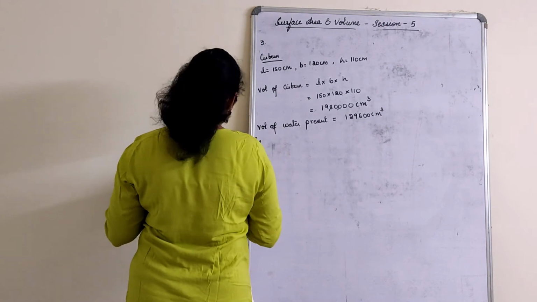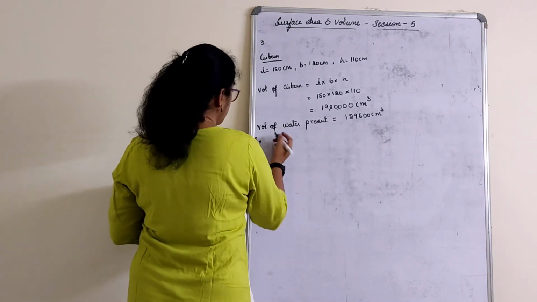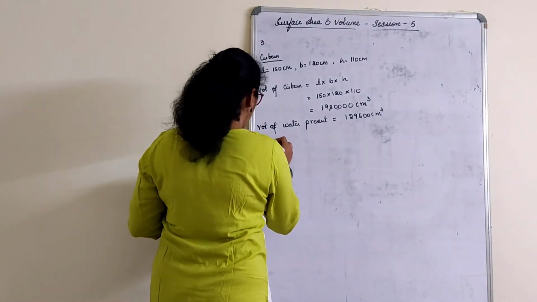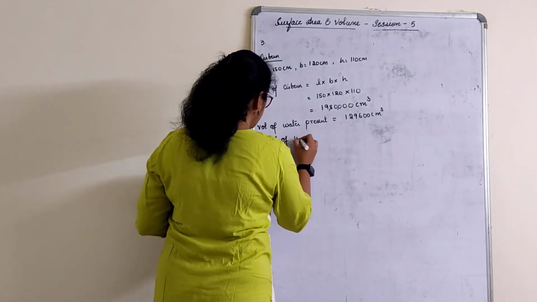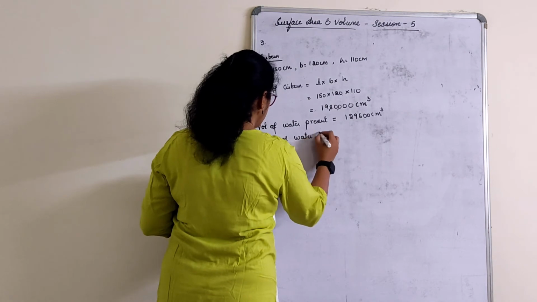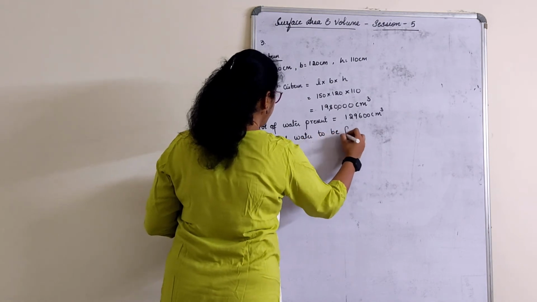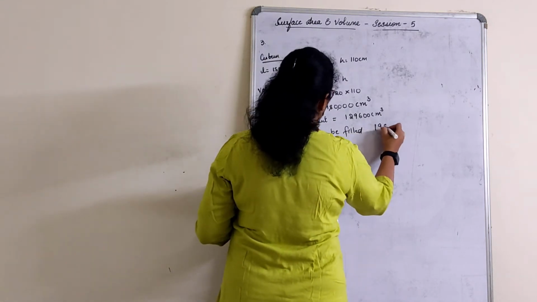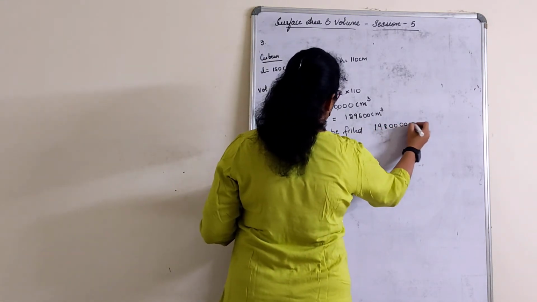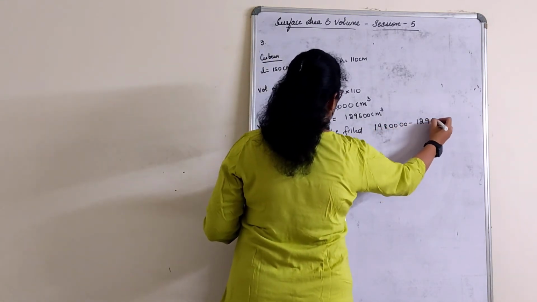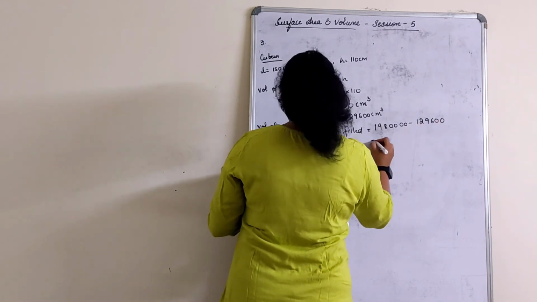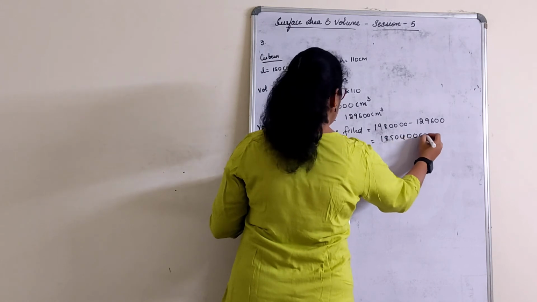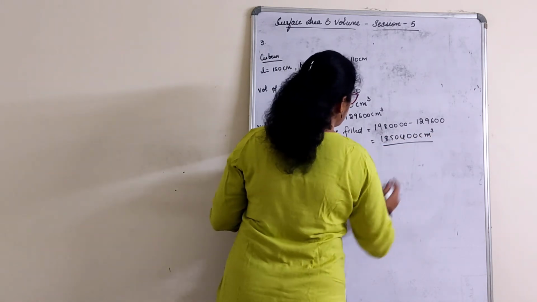Therefore, if this much water is present, how much are you supposed to fill? Volume of water to be filled, just a practice, 198,234 minus 129,600. That is equal to 1850,400 centimeter cube. This much amount of volume.